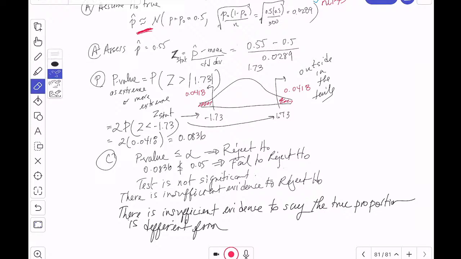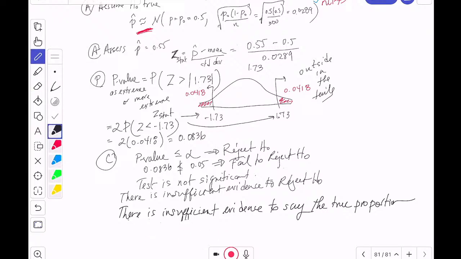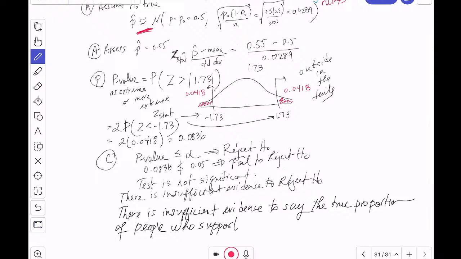Let me say it even in more words. Let's say the proportion of people who support Trudeau is different from 50%.